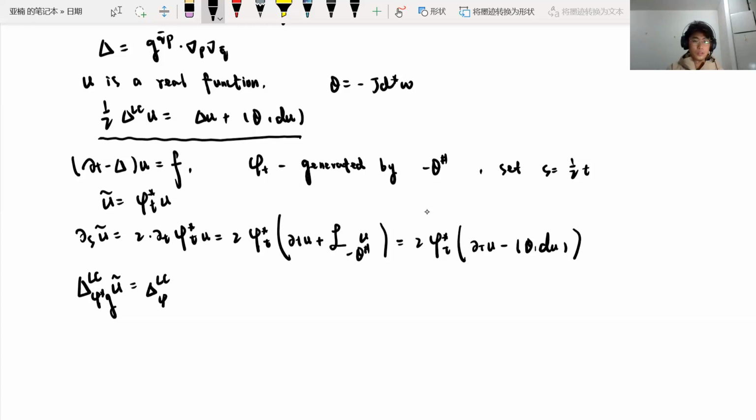Since everything is pulled back by the diffeomorphism, we can exchange them, so we obtain this.